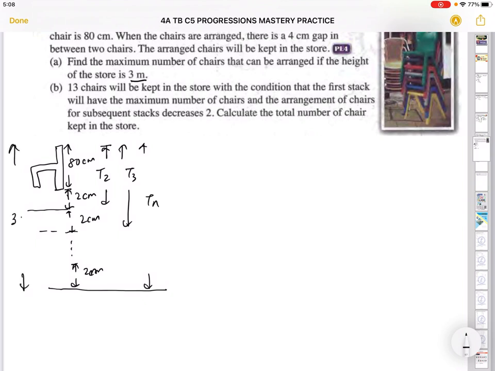Now 3 meters in cm is just 300 cm. Yeah, so you've got to be careful. I don't want you to straight away write Sn equals to 300 and you couldn't get the answer. So for part A, what's the maximum number of chairs that can be arranged? So we say that my Tn is now 300.